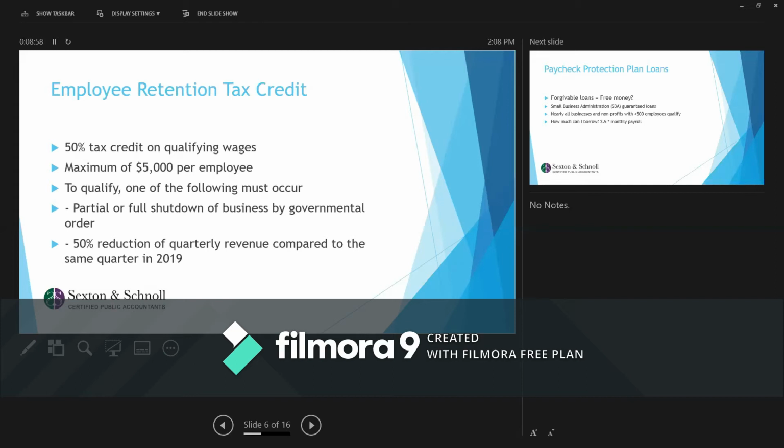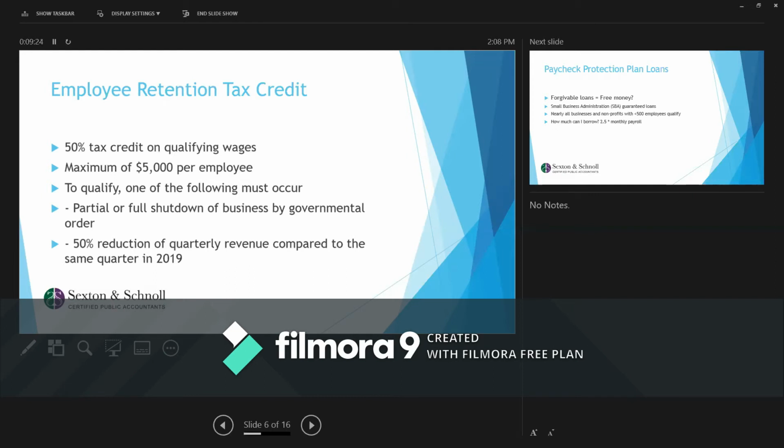This credit actually runs through the payroll tax system, and so it's a refundable credit that can be claimed on the quarterly Form 941 in the quarter in which the credit is earned. Alternatively, worst case, we file 941s at the end of each quarter.